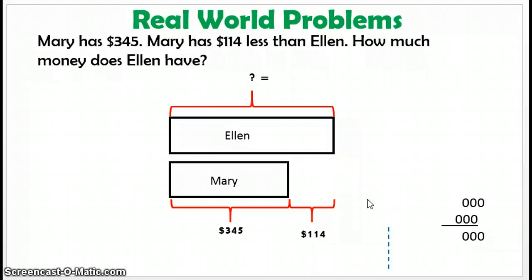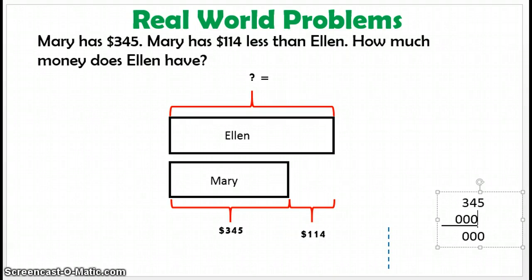So be very, very careful when you're reading your bar model, because sometimes the stories will trick you. Okay? So again, I remind you, please set up your bar model first, then decide whether you have to add or subtract.